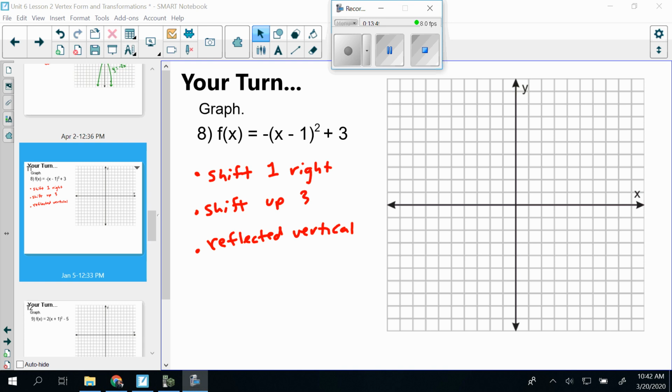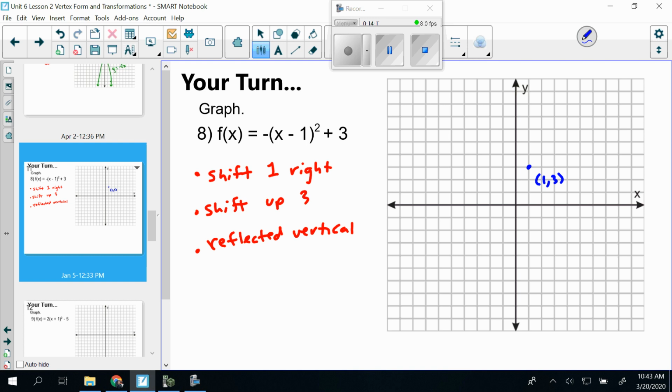So let's see if we can do that graph here. First off, let's find the new vertex. Instead of being at 0, 0, we're going to change that by going 1 right and up 3. So that would put our new vertex right here at 1, 3. Now, even though we still got a reflection going on, let's sketch this one out.